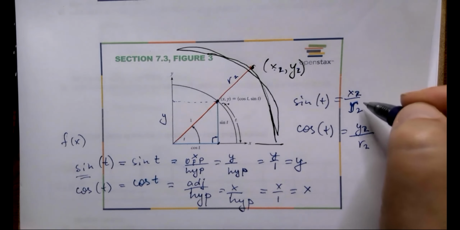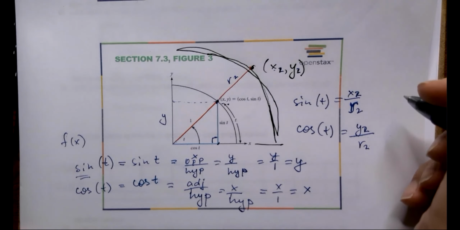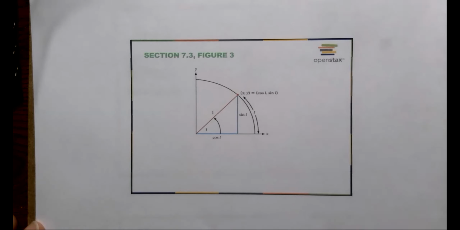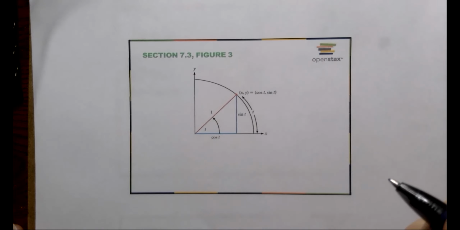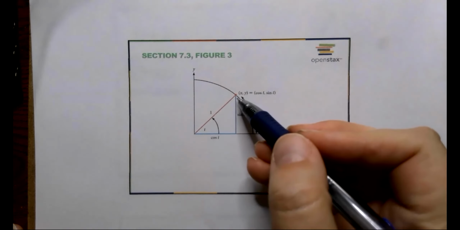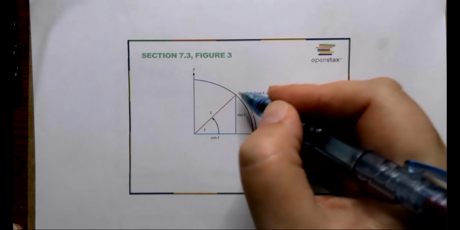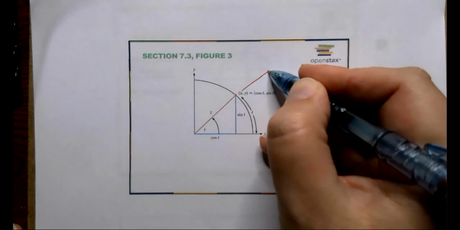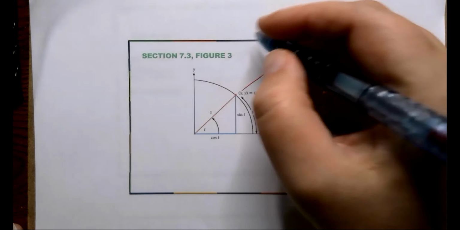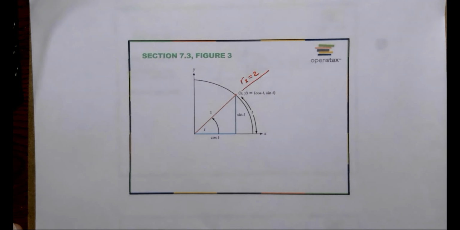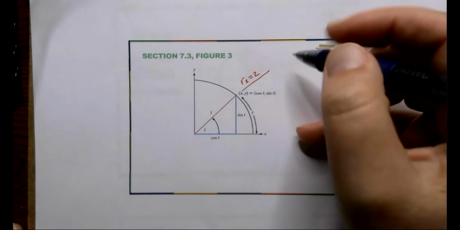So, let's start over again. What happens if the radius of the circle is not 1? Let's say we have another circle with radius 2, so 2 units instead of just 1 unit.